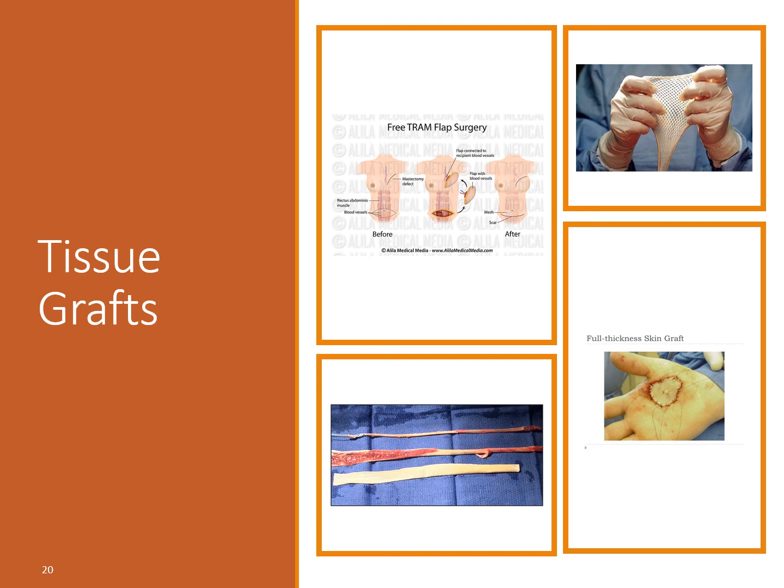The top right is a split thickness skin graft that has been put through a mesher. We talked about that in class, how these split thickness skin grafts are better for covering larger areas or defects. Bottom left, you see some tendon grafts.